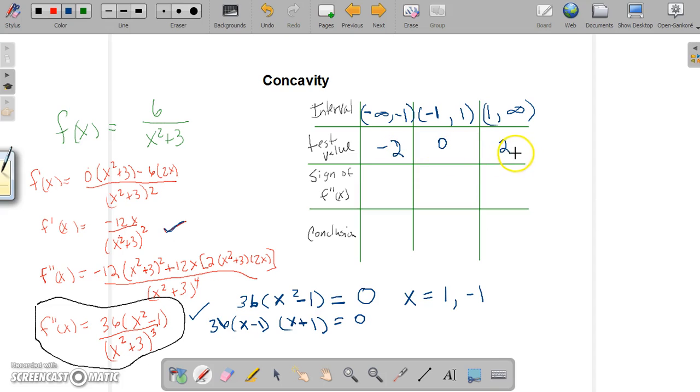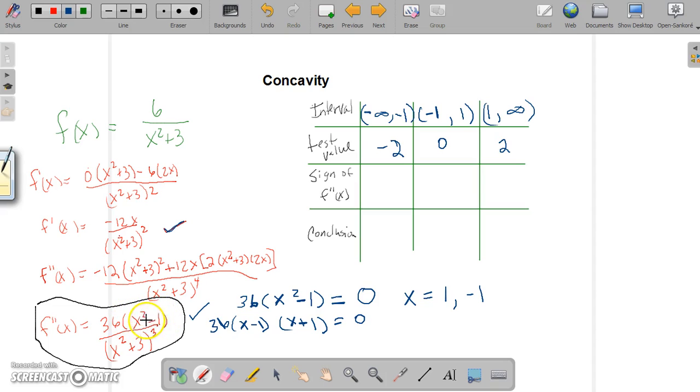I put my test values here, just like we did before when we were talking about possible relative max and mins. So we're going to find the sign of the second derivative. If I take negative 2 and plug it in here, I'm going to square the negative 2. The denominator is always going to be positive. Squaring the negative 2, I still get a positive 4.